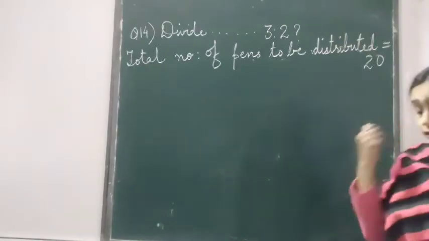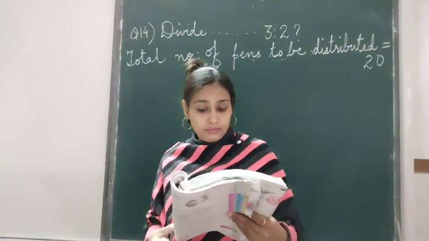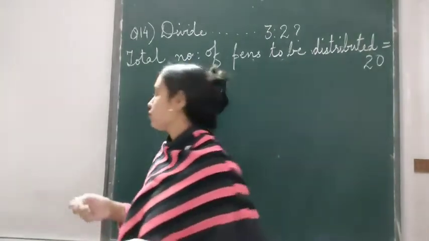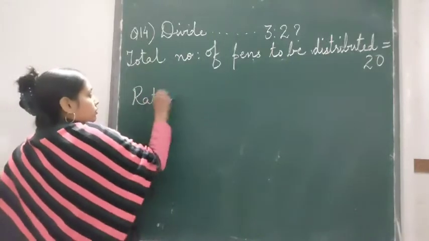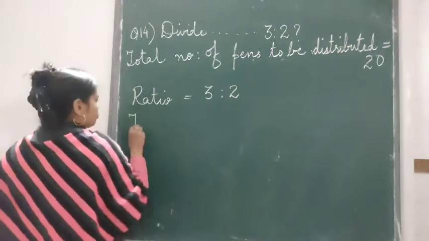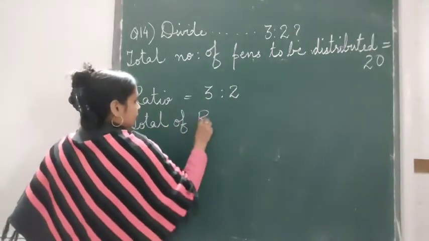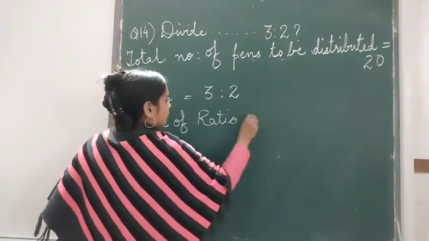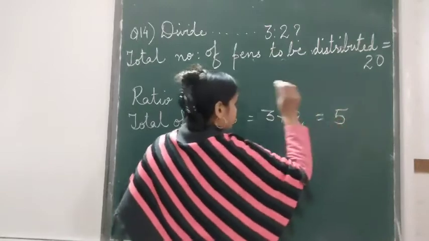Okay, now what we have to find out? What is given? In the ratio 3:2. So we write ratio 3:2. So total of ratio 3 plus 2 is 5.